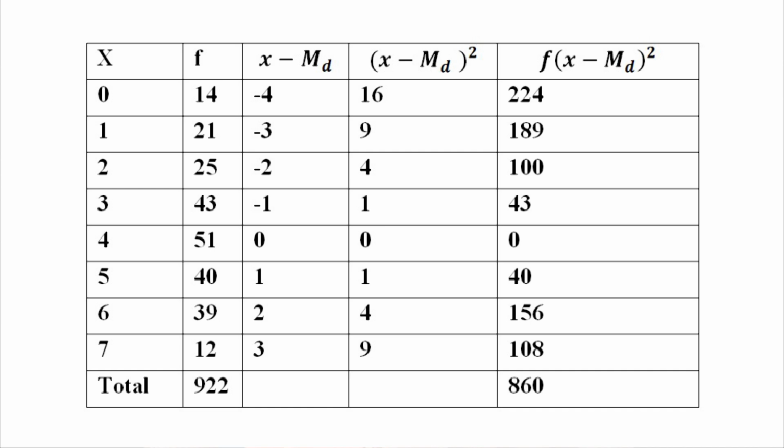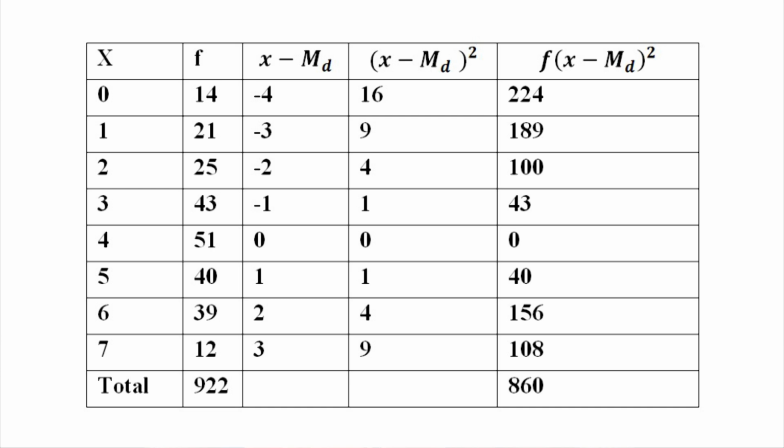Now, square these observations. The values are 16, 9, 4, 1, 0, 1, 4, 9, which are entered in column 4. Then, multiply the values of column 4 with the frequency values in column 2.